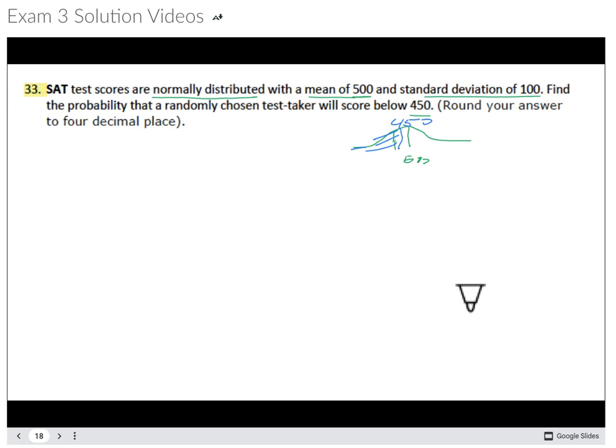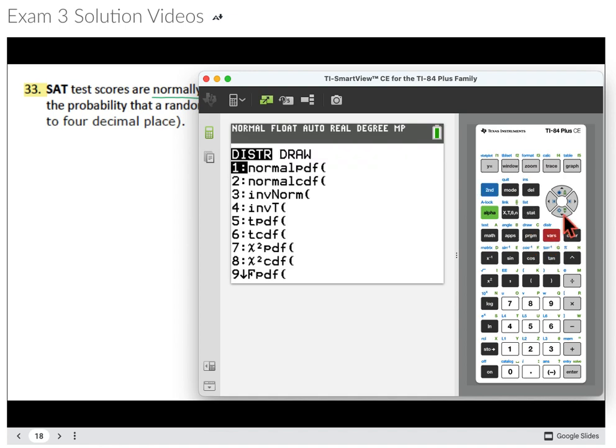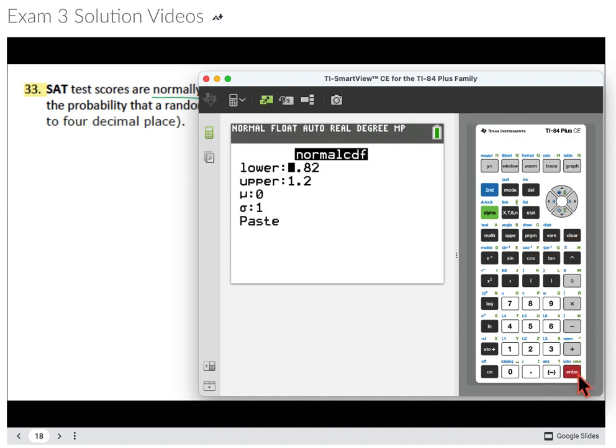So we'll maybe do a reverse of how we've done it before. We'll use the normal CDF. Second distribution, we'll go to the normal CDF. And our lower bound, this is where we could put in negative infinity. It's EE.